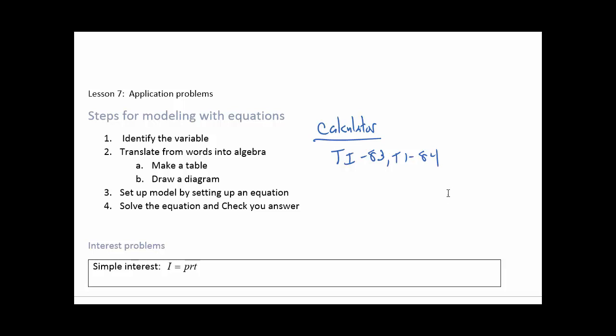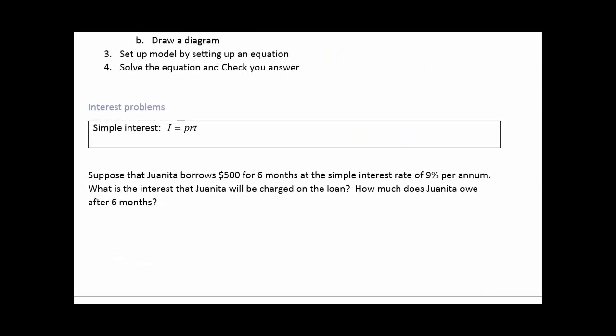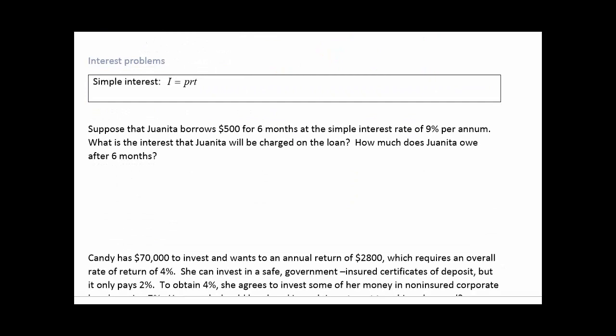Okay, so that said, let's look at our first type of problem, and it deals with something called simple interest. Okay, so let's read this. Let's actually look at the formula here. Simple interest refers to the amount of money that you gain on a loan of some kind.